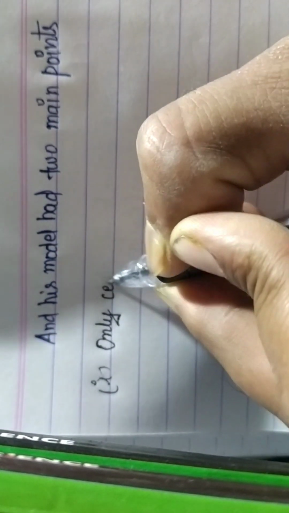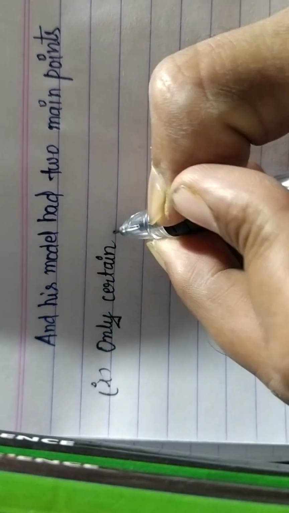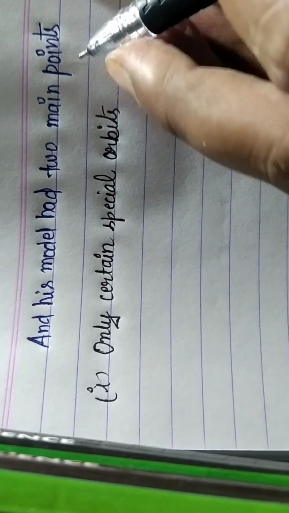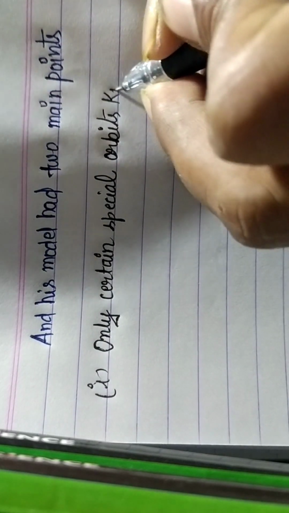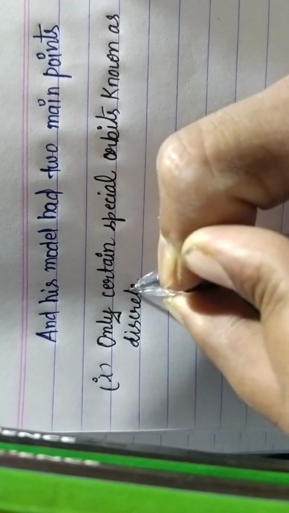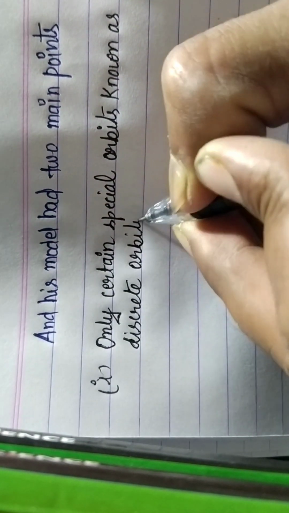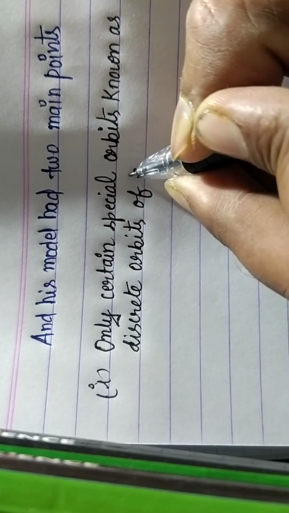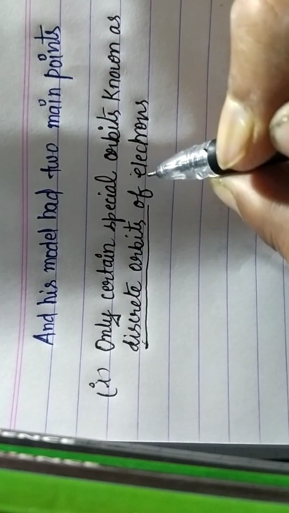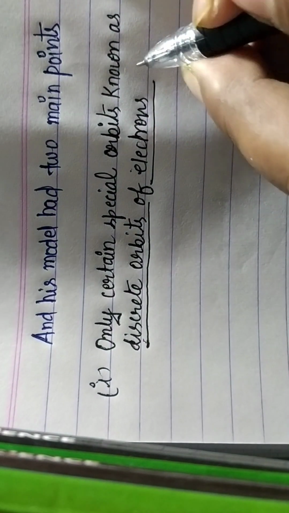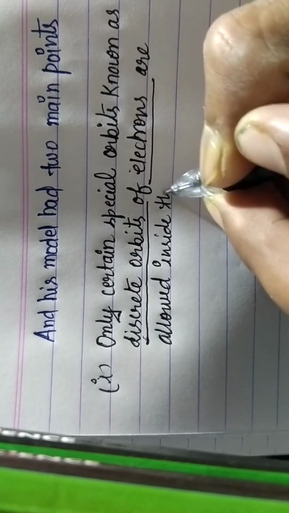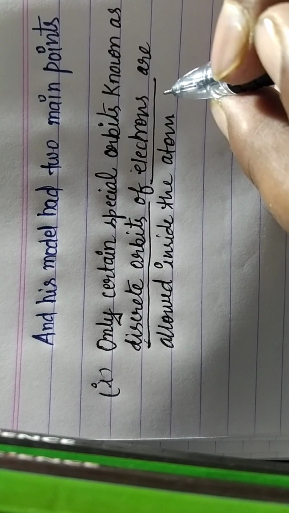only certain spatial orbits, known as discrete orbits of electrons, are allowed inside the atom.